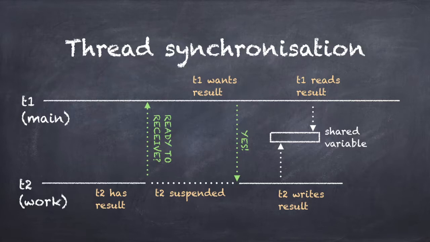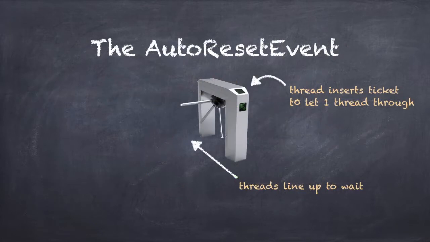The good news is that there's a class in the .NET framework that provides this exact type of communication, the AutoResetEvent. You can visualize an AutoResetEvent as a turnstile, like you see in movie cinemas. One or more threads line up behind the turnstile, waiting to be let in, and the act of inserting a ticket lets a single thread through.